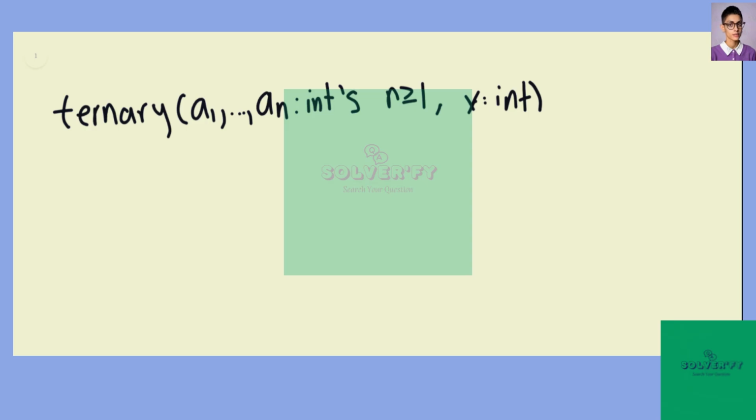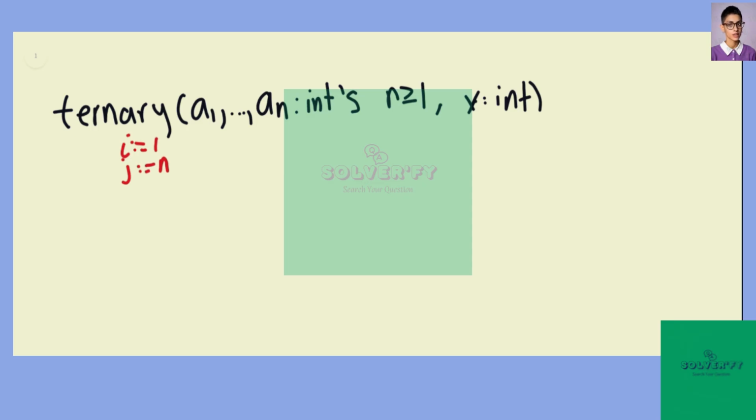Okay, so first we want to define our search interval. So we'll set i equal to 1 and j equal to n. So i is going to be the position of the first element of our search interval, and j will be the last element of our search interval.